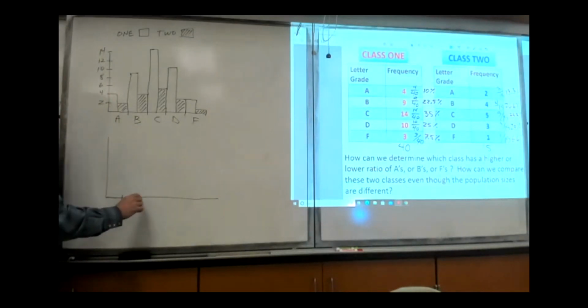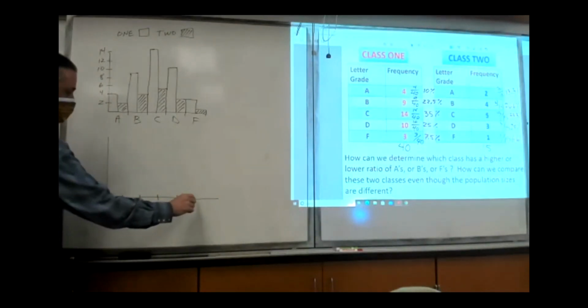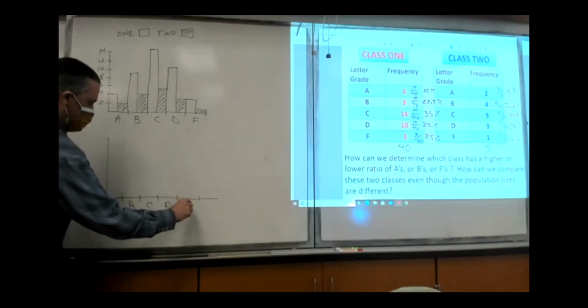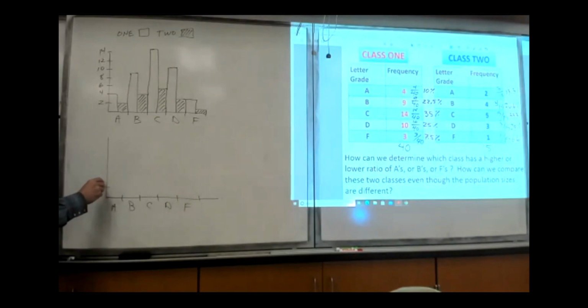Okay, so it's the same format, but now we're going to base this upon the percentages. All right, so we've got the A, B, C, D, F. All right, so this is 5, 10, 15, 20, 25, 30, 35, and 40.